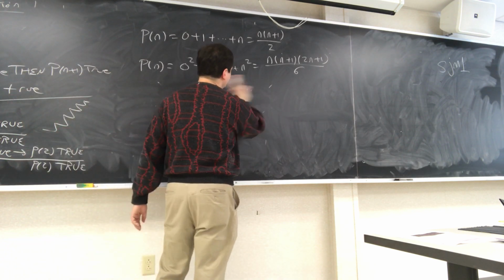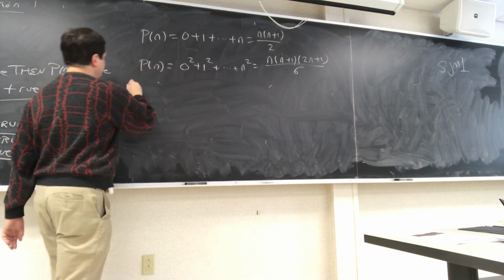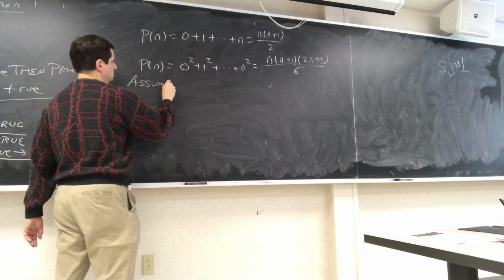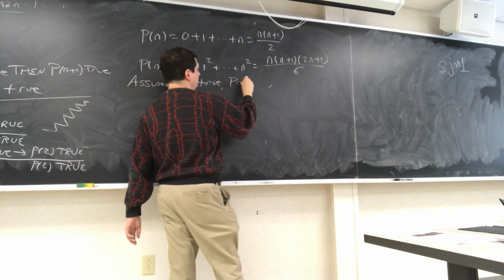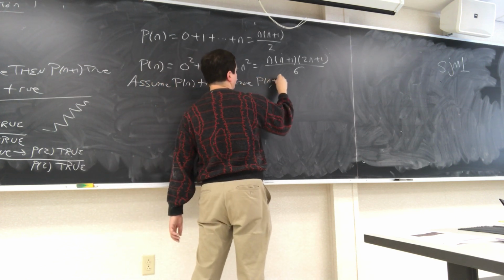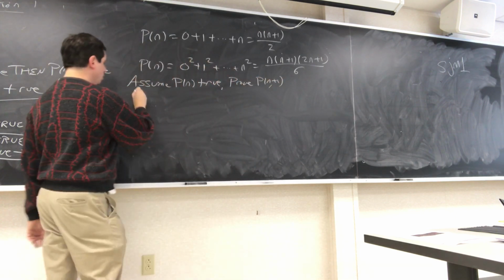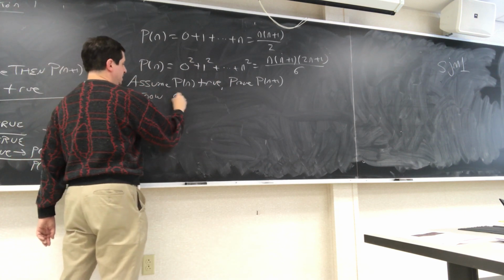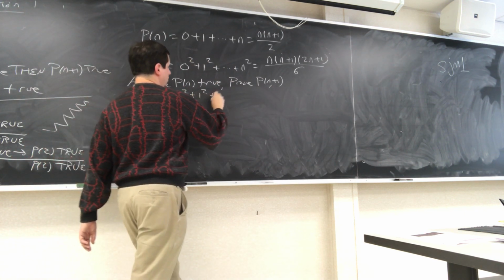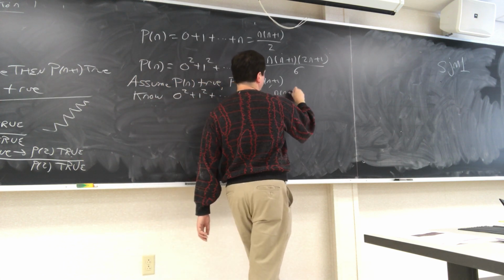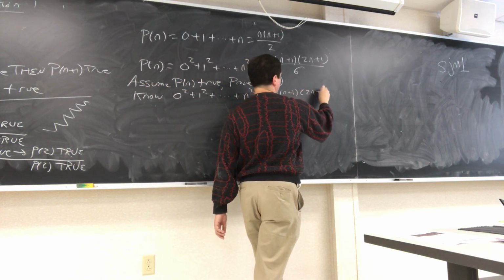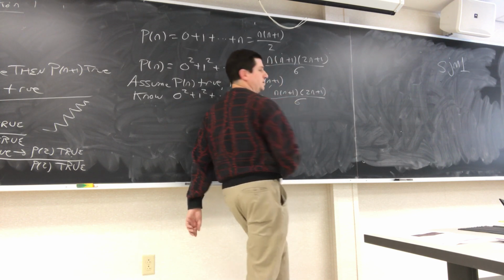So the way things work is we assume Pn is true. And now we want to prove Pn plus 1. So we know that 0 squared plus 1 squared plus up to n squared is n times n plus 1, 2n plus 1 over 6.